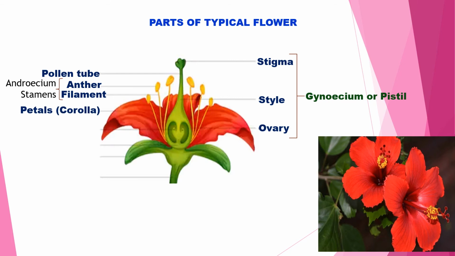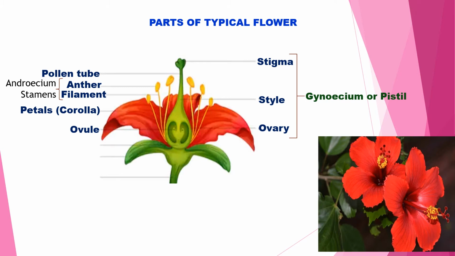Next, petals, corolla. These are the outermost floral parts, calyx and corolla. Calyx and corolla are non-essential accessory parts.